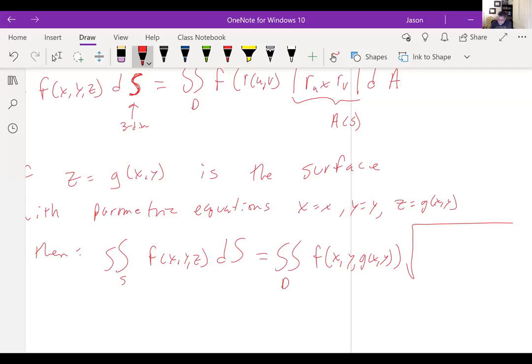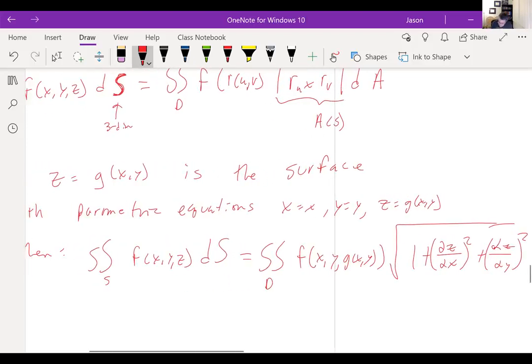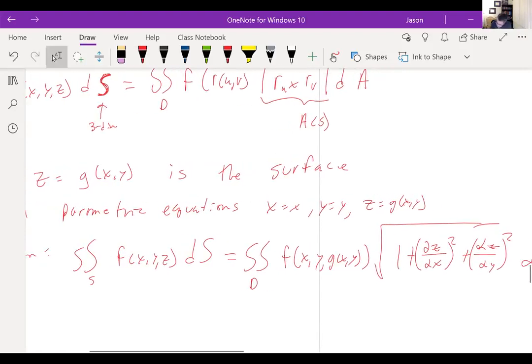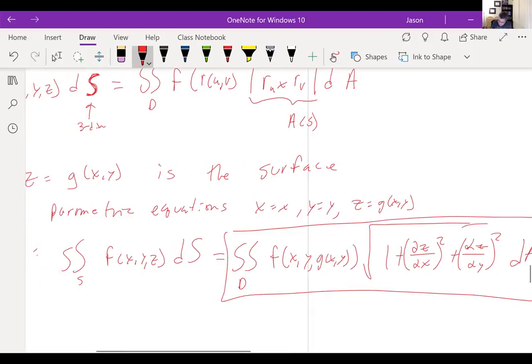And we said that dS was equal to the square root of 1 plus the partial of z with respect to x squared plus the partial of z with respect to y squared, dA. So if we have something that's solved for z, then this is my surface integral.